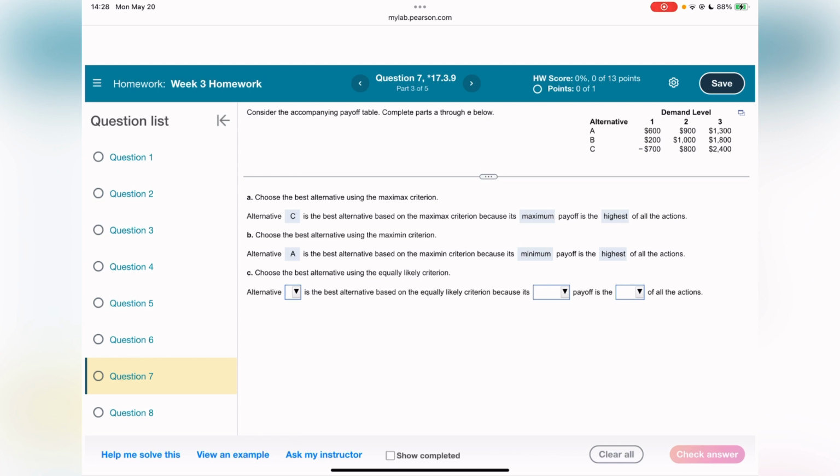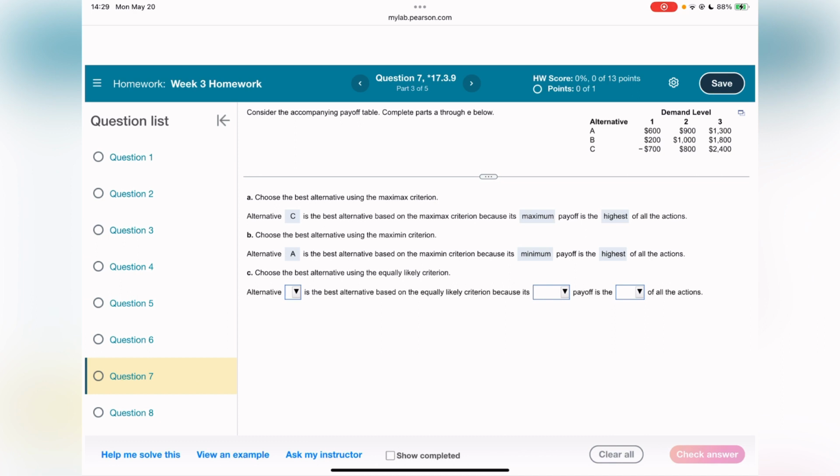So for A, I'm going to have 600 plus 900 plus 1300, which equals 2800, and dividing by 3, I get 933.